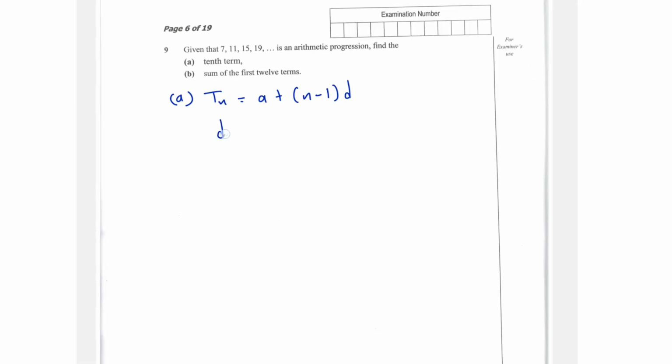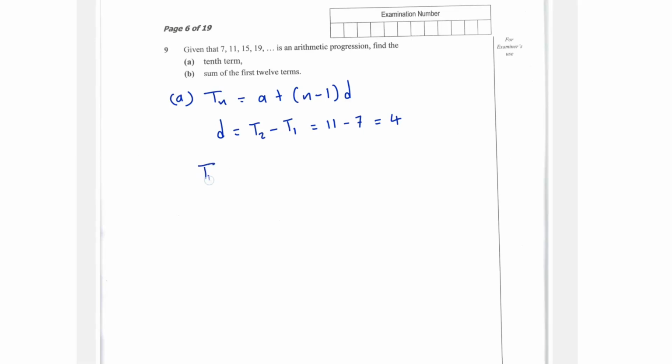The common difference, d, is given by t2 minus t1. 11 minus 7 is 4. So the common difference is 4, and the first term is 7. We can now solve the question.